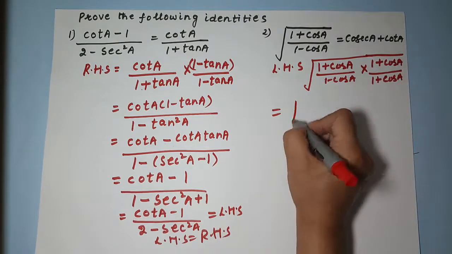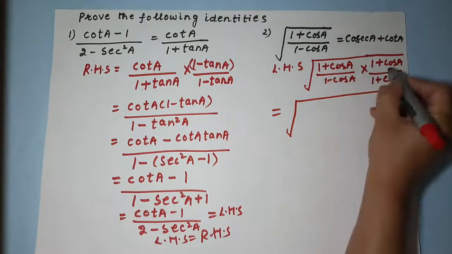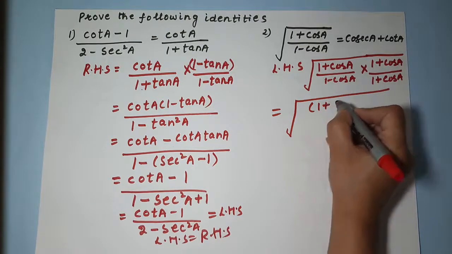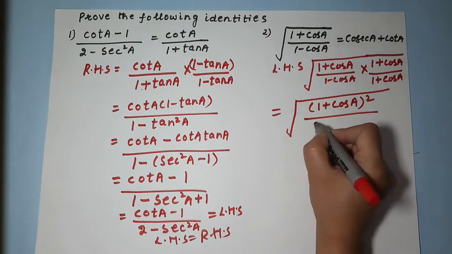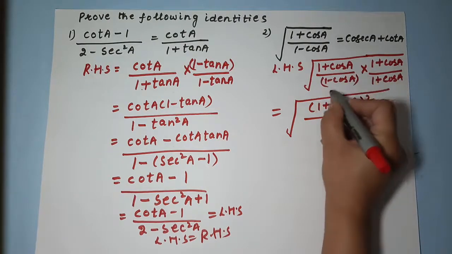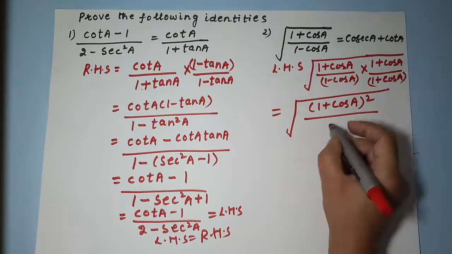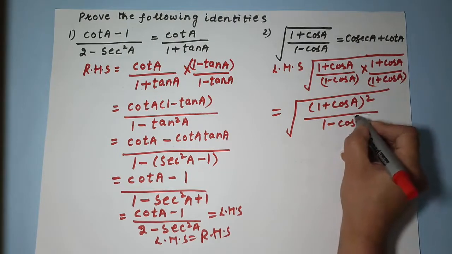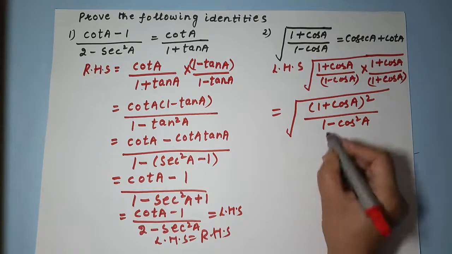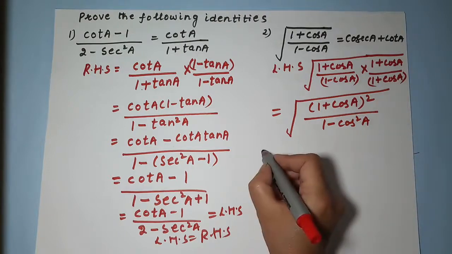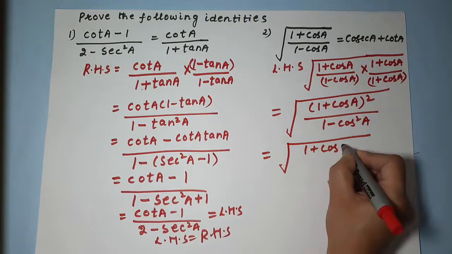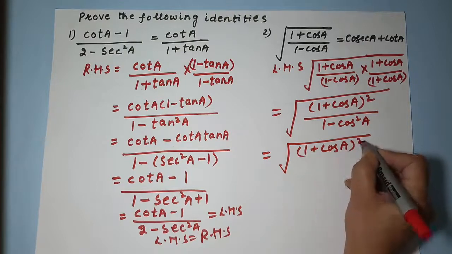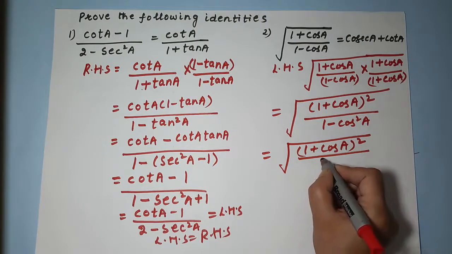In the numerator I will get (1 plus cos A) whole square, and in the denominator, I will get (1 minus cos A) into (1 plus cos A), which is 1 minus cos square A. A minus B into A plus B is A square minus B square. So further, this is (1 plus cos A) whole square upon sin square A.